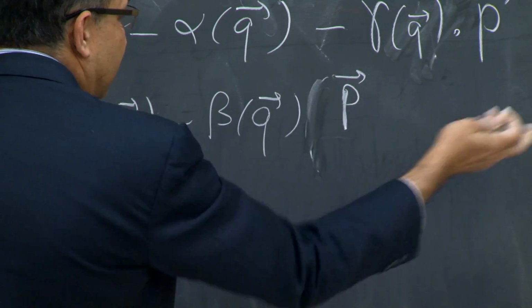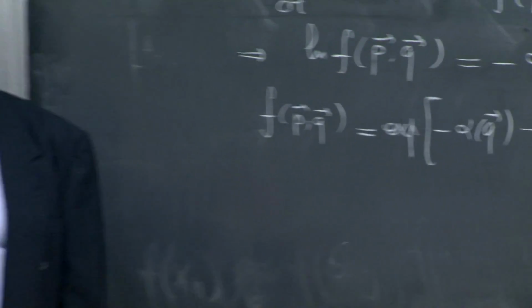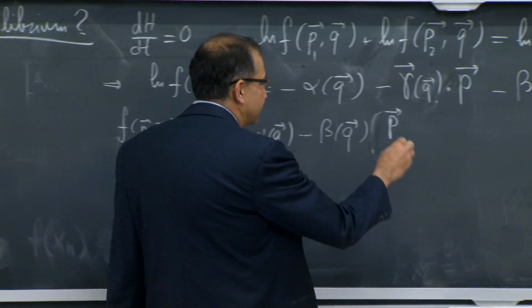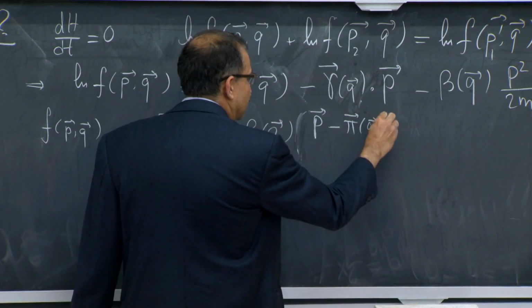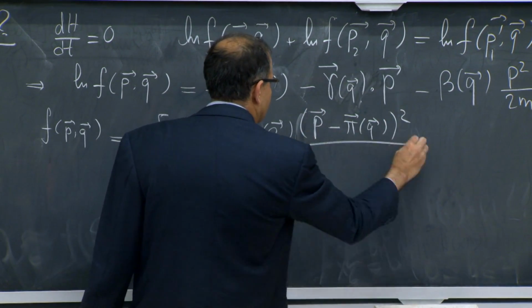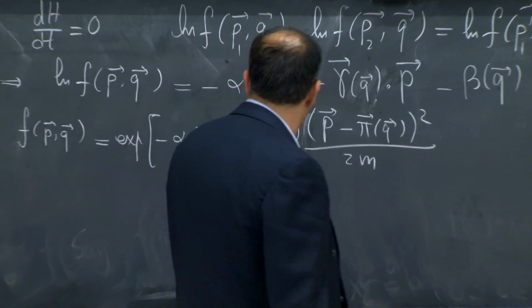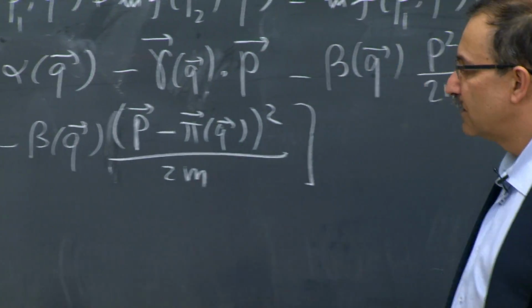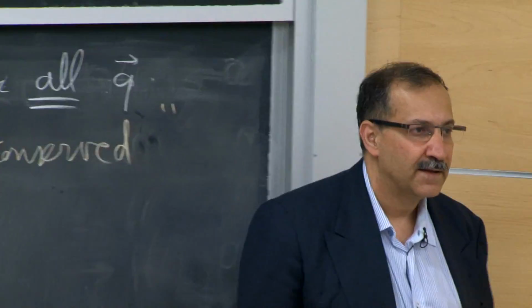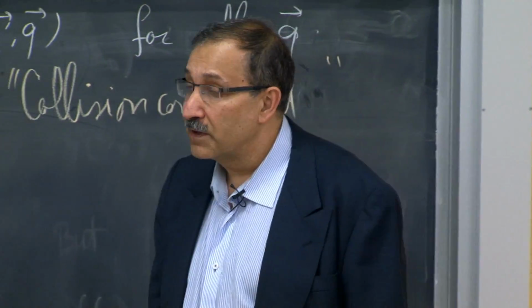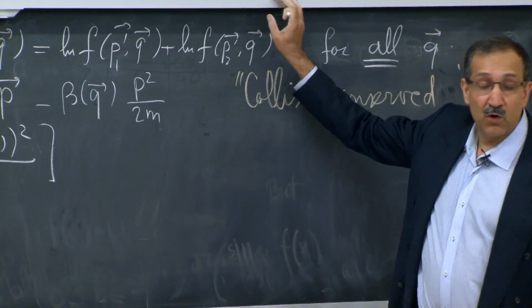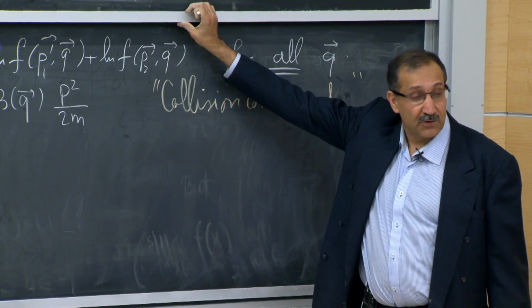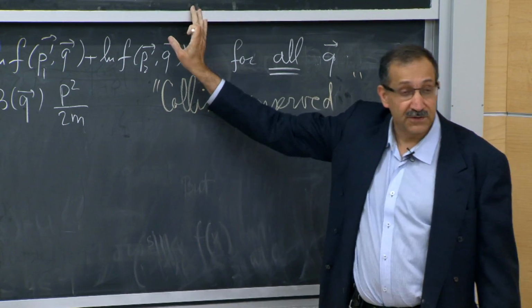And let me absorb this other gamma term. I can certainly do so by putting something like pi of q. And this certainly is a form that will set the right-hand side of the H theorem to 0.